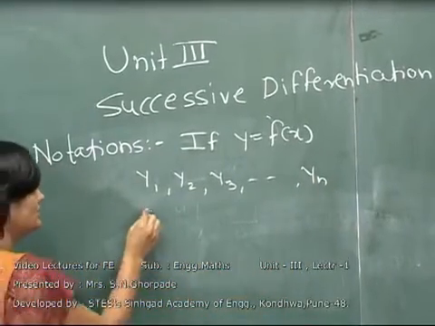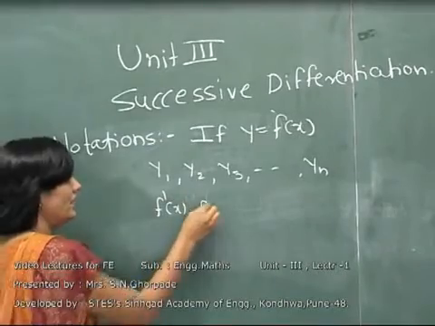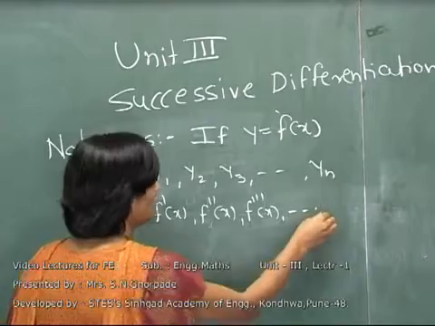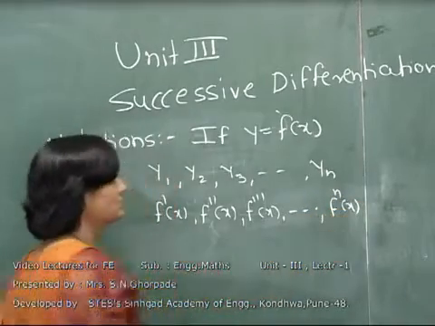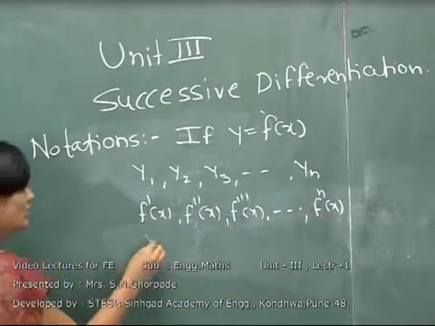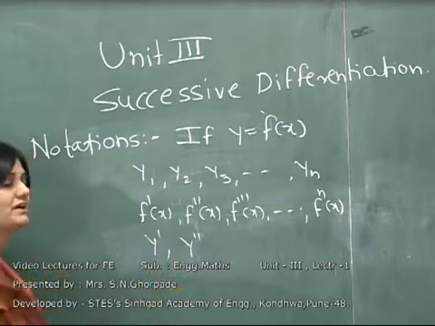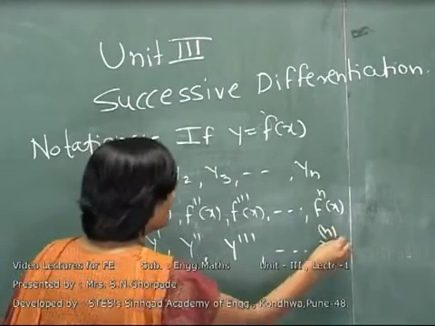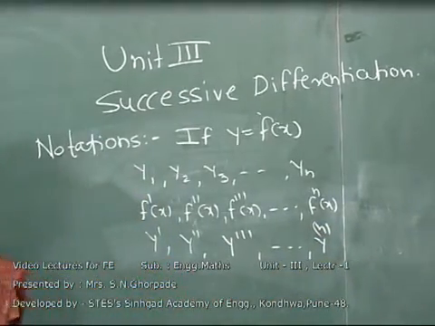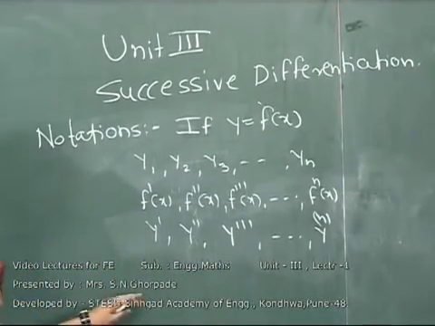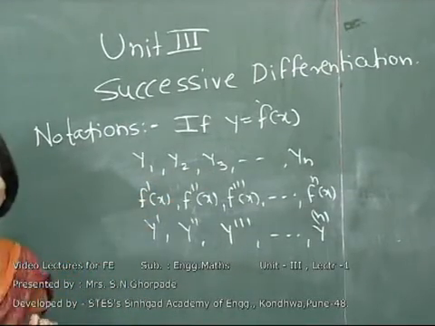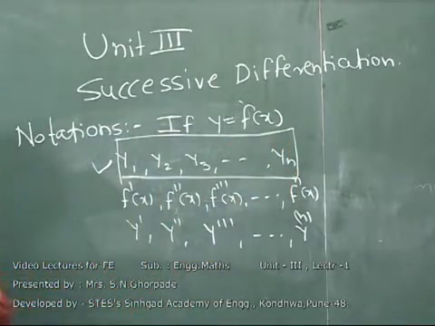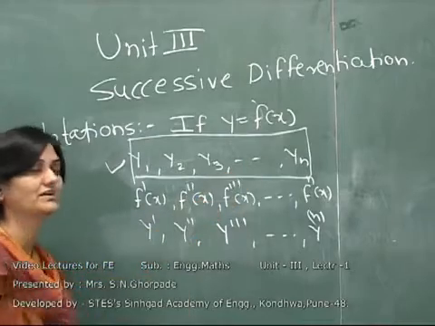Second type of notation is f dash x, f double dash x, f triple dash x, and so on up to nth derivative of x. And third notation is y dash, y double dash, y triple dash, and so on up to nth derivative of y. So these are three types of notations which we can use to denote successive derivatives. Generally, we'll come across this type of notations y1, y2, y3 up to yn.